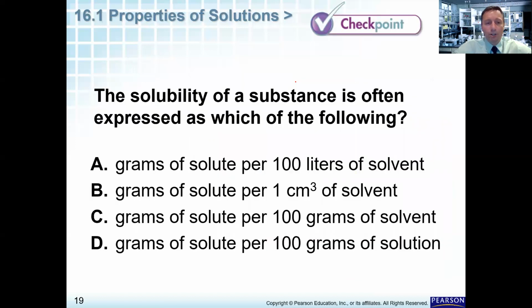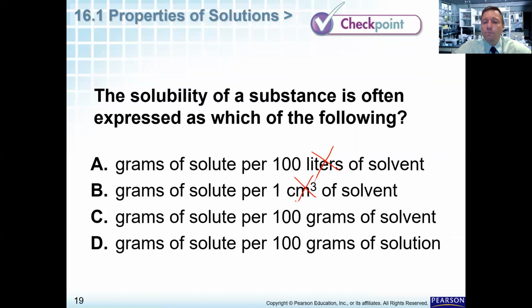So checkpoint question. The solubility of a substance is often expressed as which of the following? So think about what we just talked about. All right, let's look at A, grams of solute per 100 liters of solution. We never talked about that, so that's not it. Grams of solute per 1 centimeter cubed of solvent. We did not talk about that either.